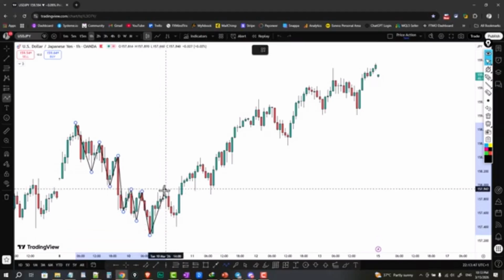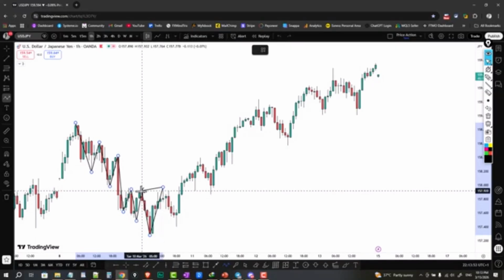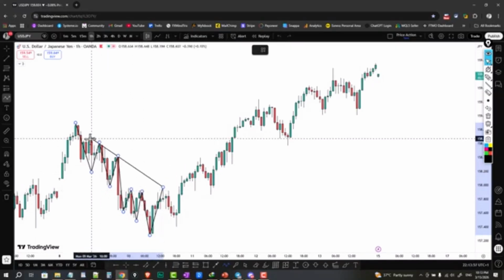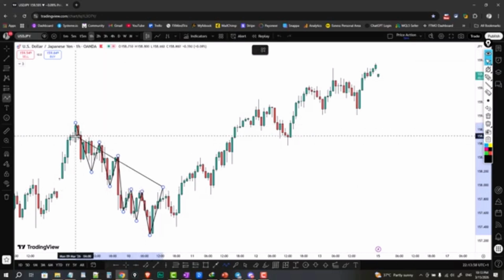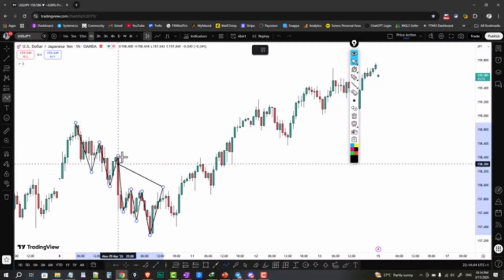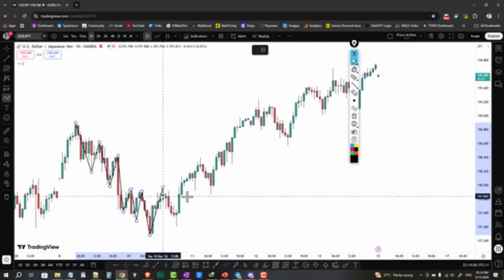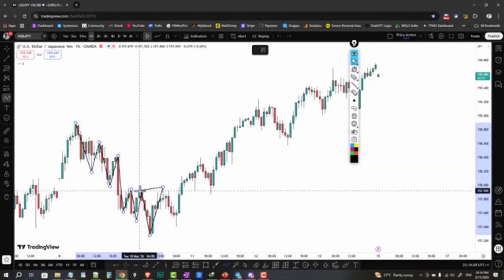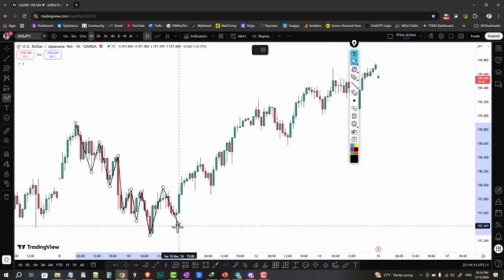And then this high that was printed is no longer a lower high, because this high is actually higher than this previous high. So price is now breaking above the lower highs, and it's struggling to continue forming lower lows.